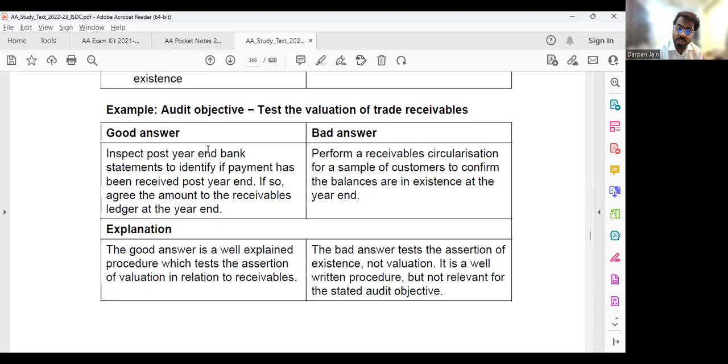Why not for valuation? Because even if the balance matches, let's say we are showing 40,000 receivable and the opposite person is also showing 40,000 payable, does that mean he will definitely pay? Or there is no doubt about whether he will pay or not? No, right? Him showing a payable of 40,000 does not mean that you will receive that amount.